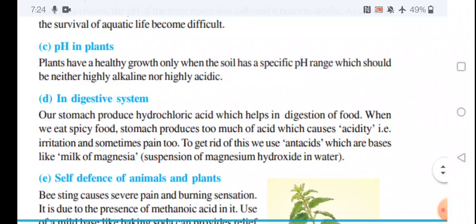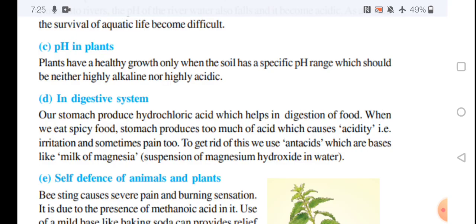Next, in the digestive system, our stomach produces hydrochloric acid, which helps in digestion of food. When we eat spicy food, the stomach produces too much acid, which causes acidity, that is irritation and sometimes pain too. To get rid of this, we use antacids, which are bases like milk of magnesia, a suspension of magnesium hydroxide in water.